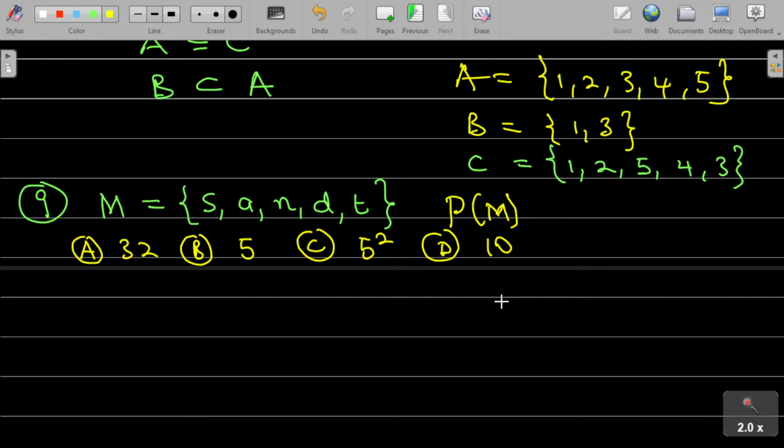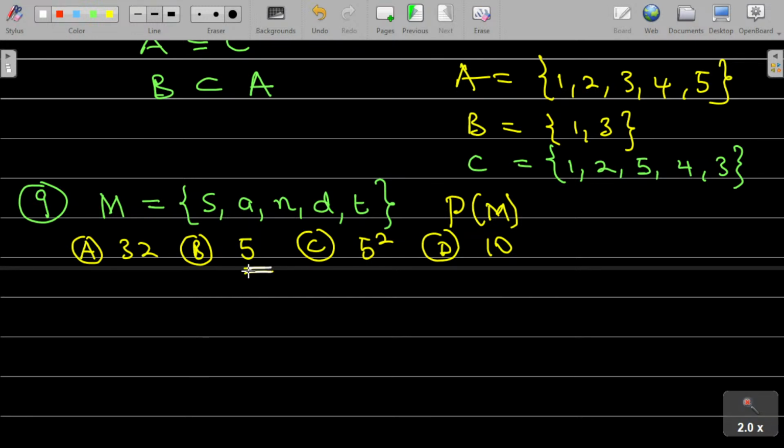32 is correct. I remember, the first exam I invigilated in this course, I passed the back and I saw a student take option B on this same question. Of course, option B is not correct.